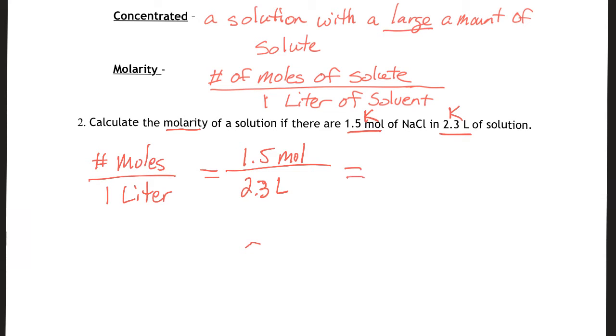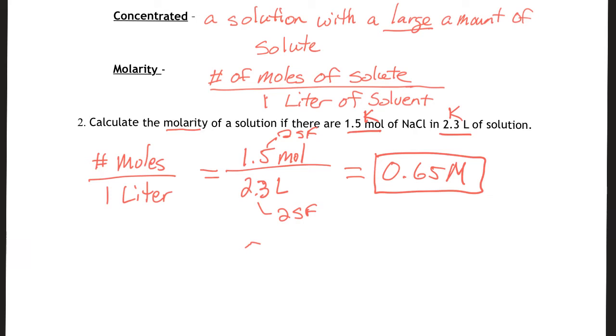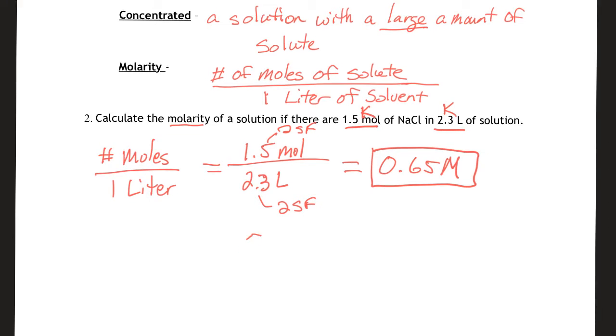When I put that in the calculator, the molarity of this solution is going to be 0.65, and it's going to be a capital M for molarity. I need two significant figures because 1.5 has two significant figures, and 2.3 has two significant figures. So I'm going to need two significant figures in that answer.